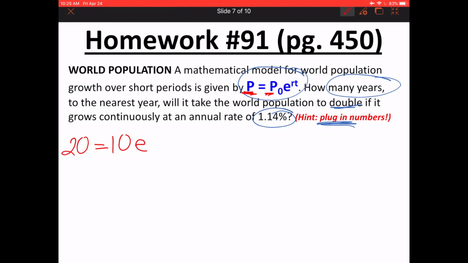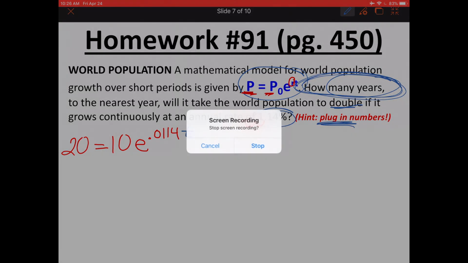Then I'm going to have e. They tell me the rate, so I move the decimal place over twice, and I'm going to have 0.0114. And then t is the variable I'm looking for, right? They're saying, how many years will this take? So I am looking for time.